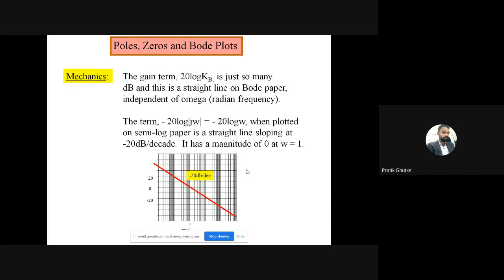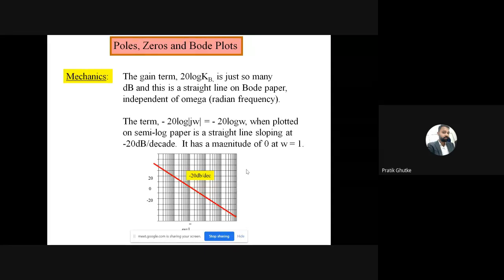So what are the mechanics? The gain term, that is 20 log of KB. KB was your gain. So the gain term 20 log of KB is just so many dB as a straight line on the Bode paper, that is semi-log paper, independent of omega, that is radian frequency.